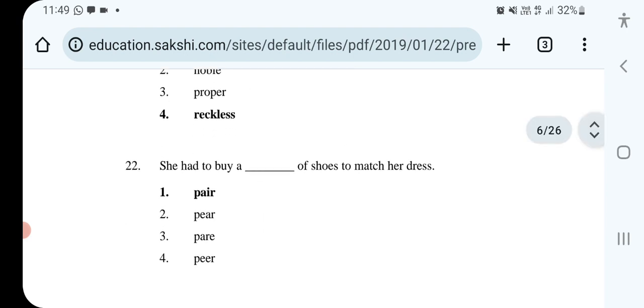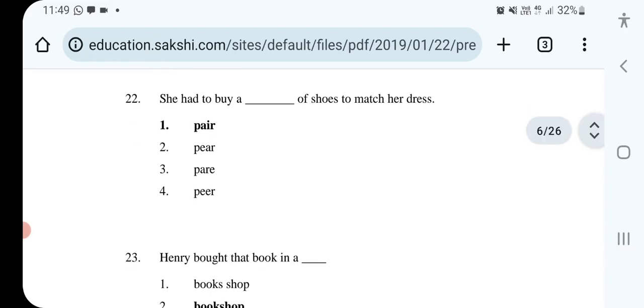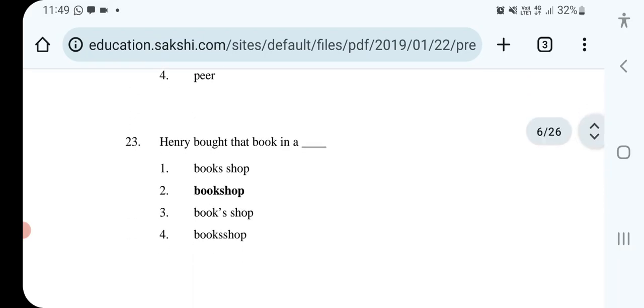She had to buy a pair of shoes to match her dress. A pair. Henry bought that book in a bookshop. This is also an easy question. In a bookshop, not books' shop.